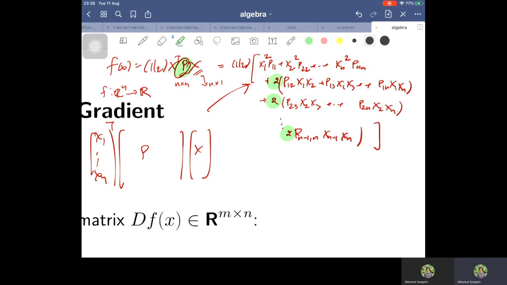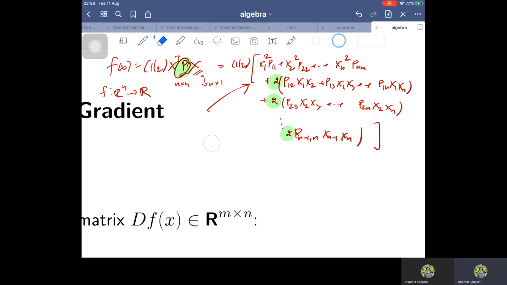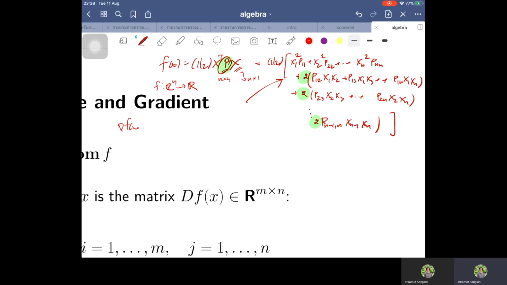Now let's take a look: how about taking the gradient? The gradient of f, of course, is going to be a vector of n by 1. How about the first row? The first row will be the derivative of f with respect to x1.